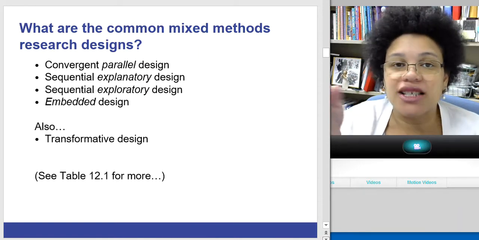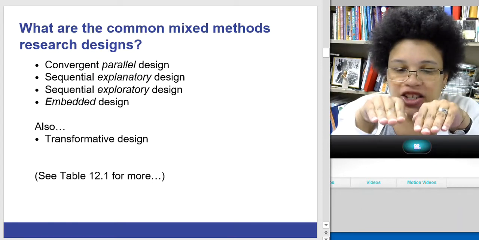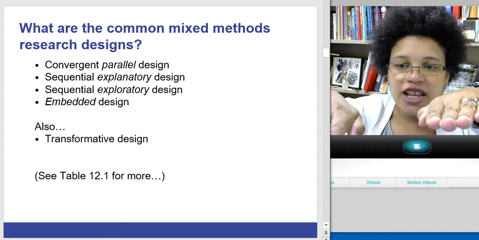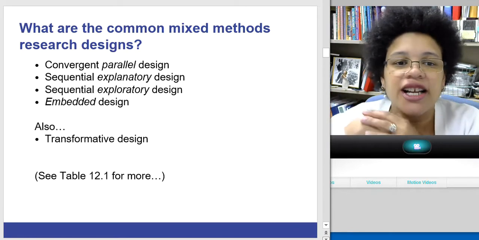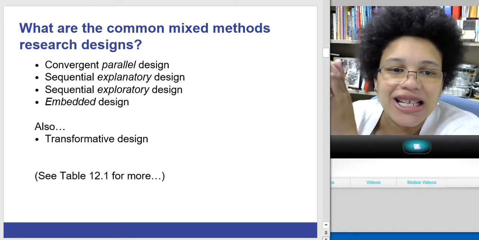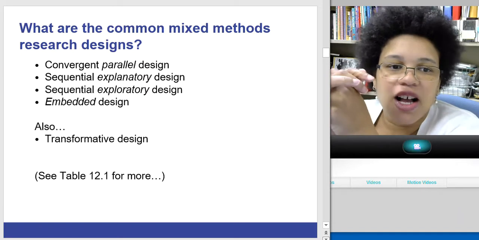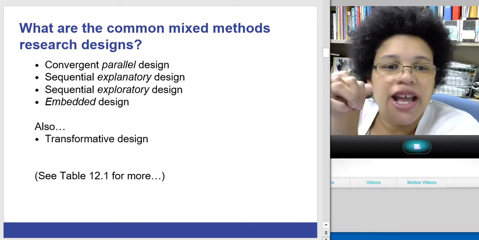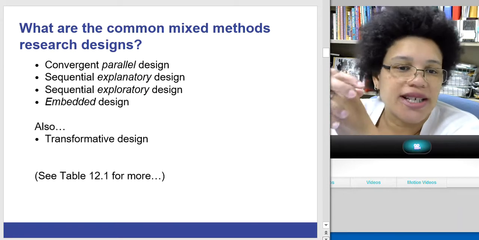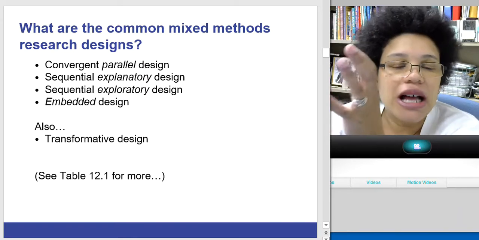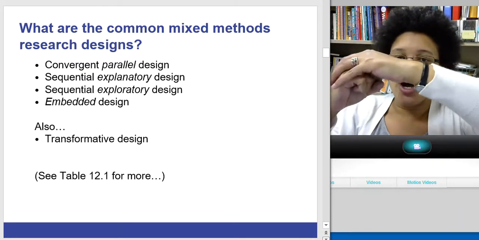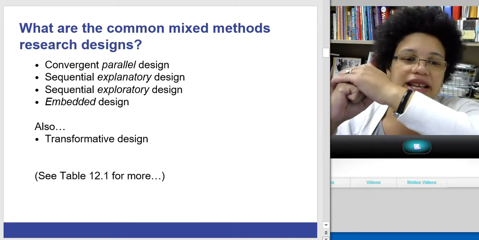Okay, so four common mixed methods research designs. Convergent parallel design, and you can think of that as the quantitative and qualitative going along in parallel, along a track. Sequential explanatory design, and that is dominated by the quantitative component. Sequential exploratory design is dominated by the qualitative component. And then embedded design, and that's where one thing is embedded in the other.